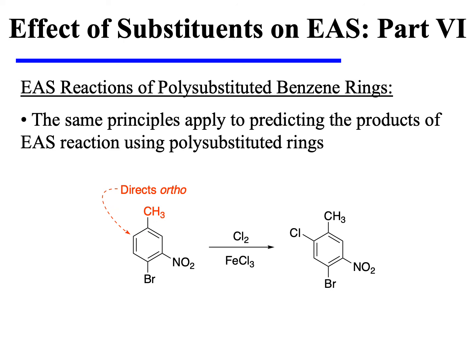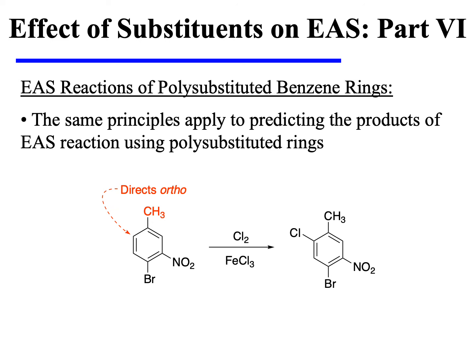The halogen is weakly deactivating, and the methyl group is weakly activating. So by our first guideline, where we use the most activating group to determine the course of the EAS reaction, it is the methyl group that will control the outcome of this transformation.